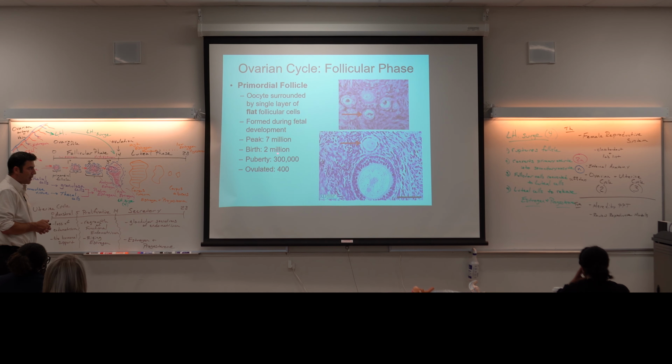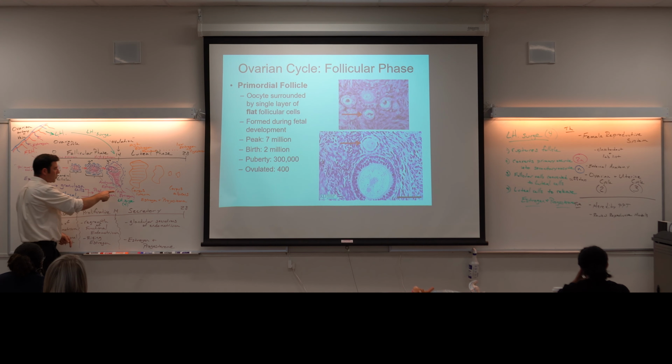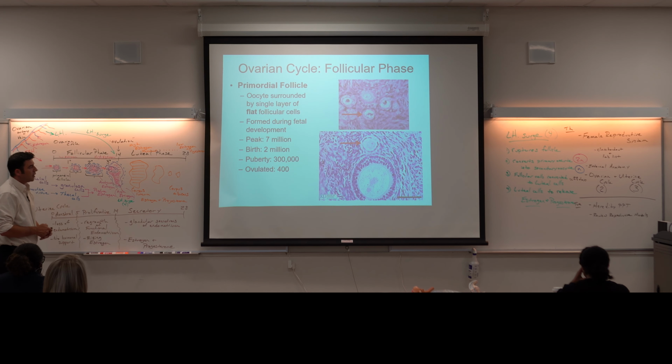At birth, they're down to about 2 million in number, and at puberty, which is onset around the age of 11 or so, we see these primordial follicle numbers have gone down to about 300,000. And in terms of every 28 days or so, what actually get ovulated throughout the course of your life are about 400 of these secondary oocytes. Secondary oocytes, what gets ovulated.